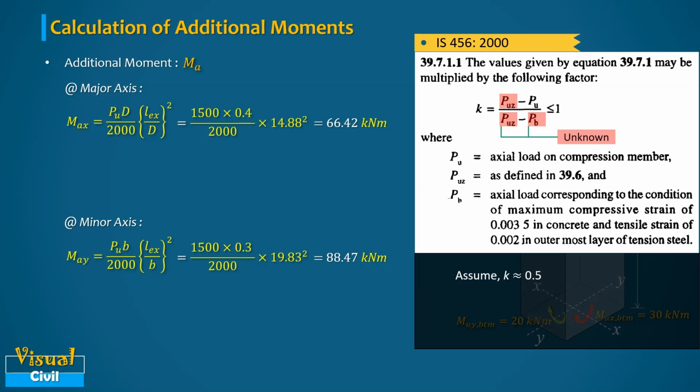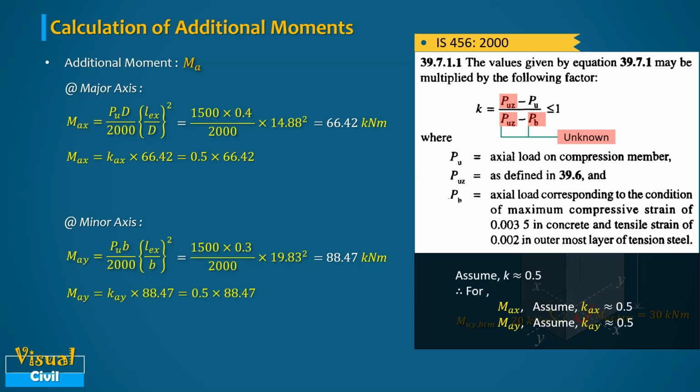Let us denote kax as the factor to multiply with Max and kay as the factor to multiply with May. After multiplying the additional moments Max and May by these factors, we find that Max equals 33.21 kilonewton meter and May equals 44.23 kilonewton meter.